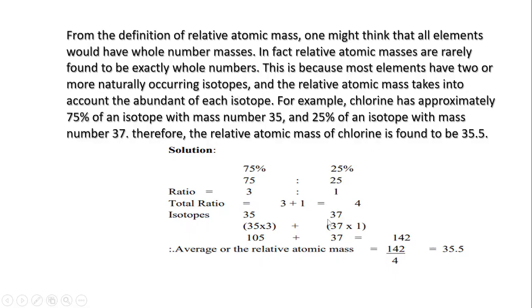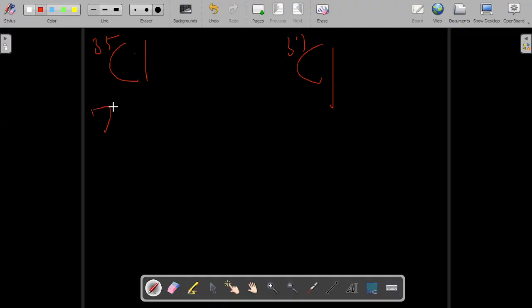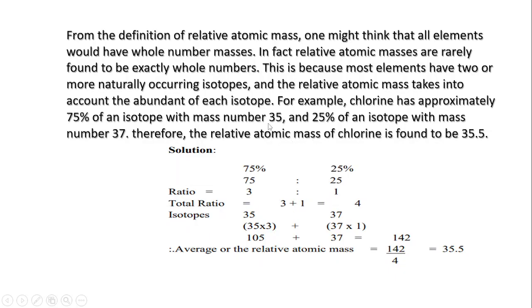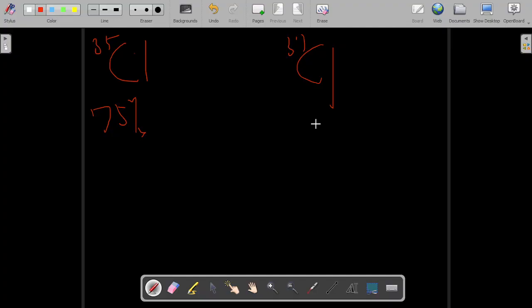It is stated that approximately 75% is the isotope with mass number 35, and 25% is the isotope with mass number 37.